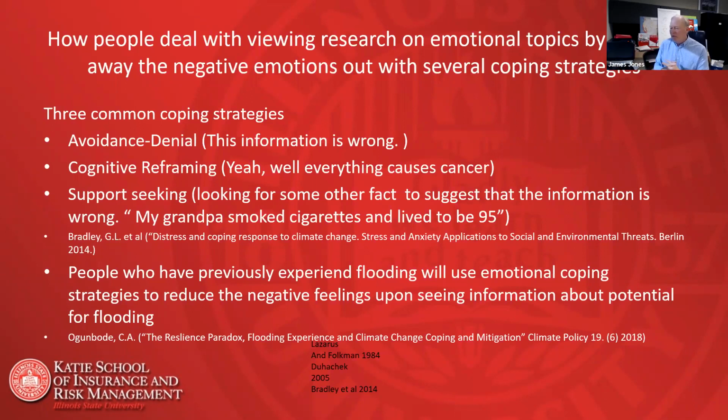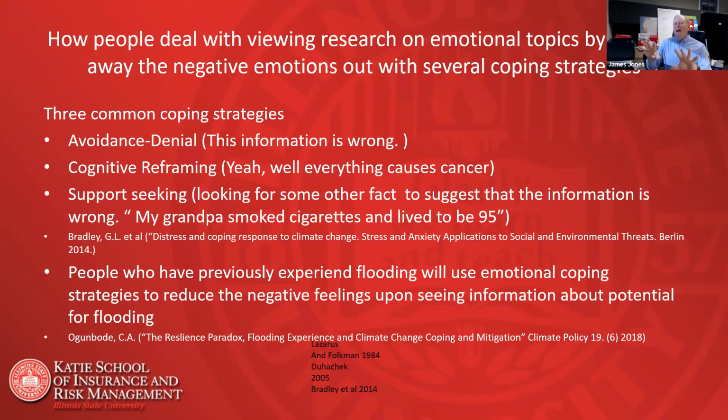Here was one with real flooding, with water. People who had previously experienced flooding will use emotional coping strategies to reduce negative feelings about seeing information about potential flooding. So you would think, going back to the COVID thing, that direct experience would have an impact on how you perceive the risk.